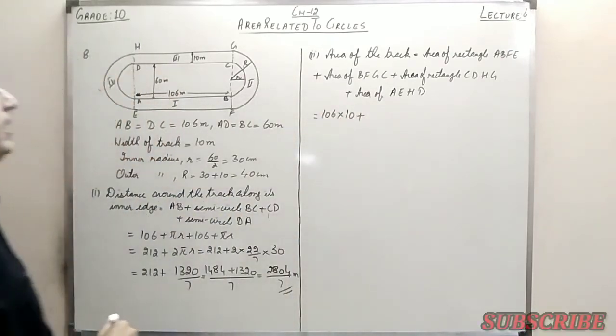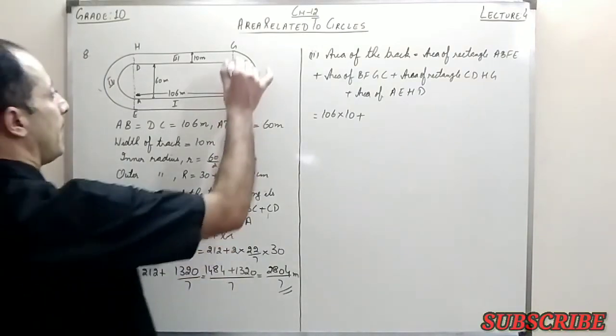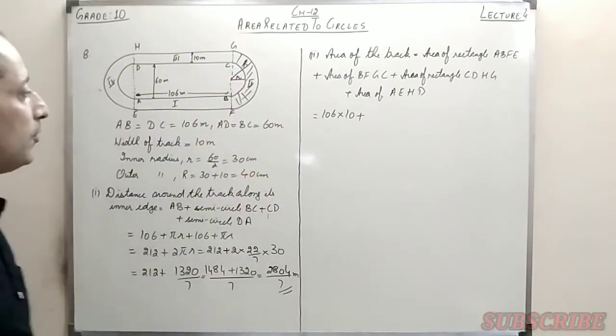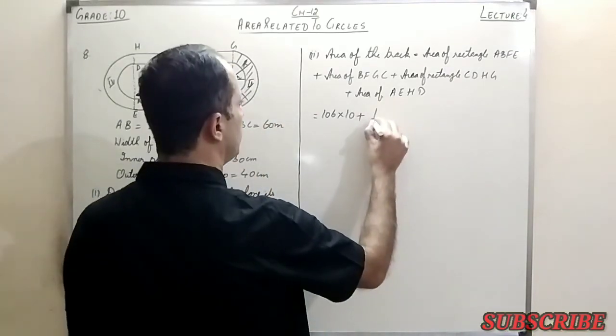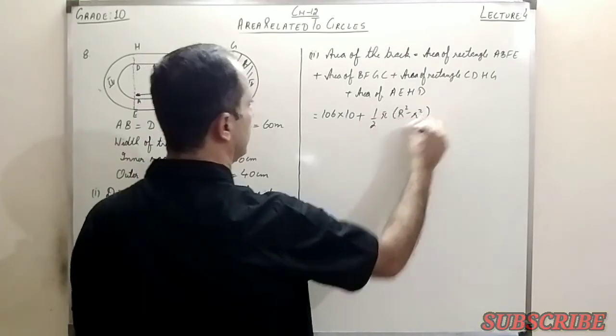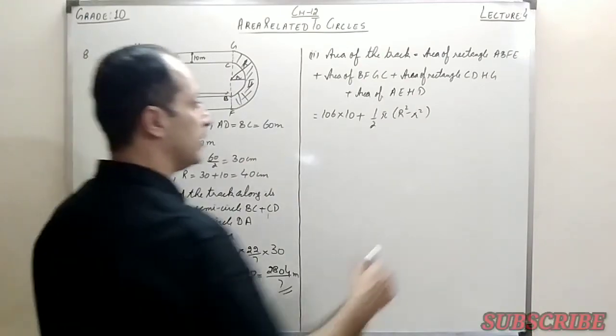Plus, now to find the area of this BFGC, if you see carefully, is basically the difference of two semicircles, this portion. So we can write it as 1 by 2 pi capital R square minus small r square, the outer radius square minus the inner radius square.